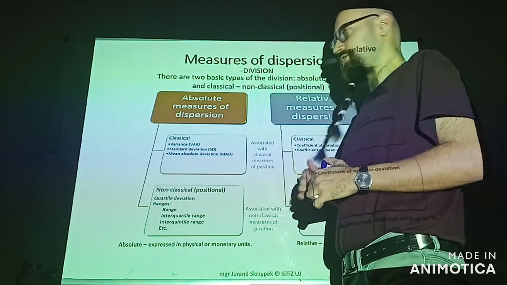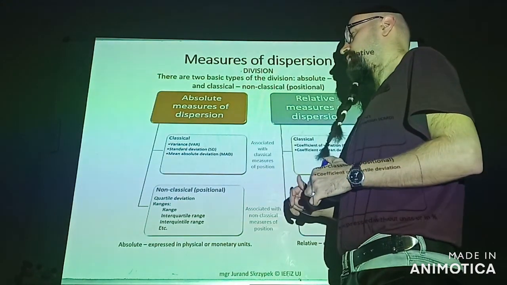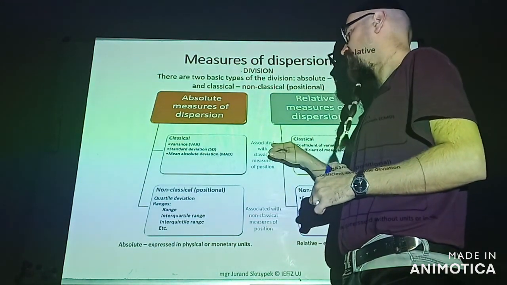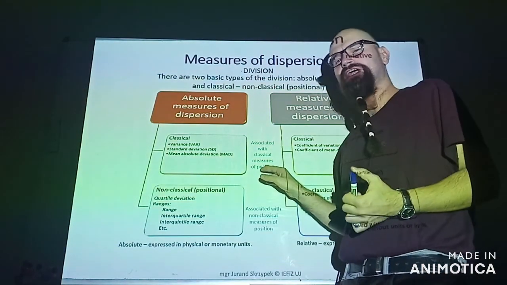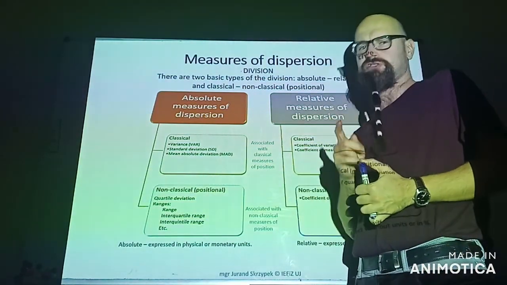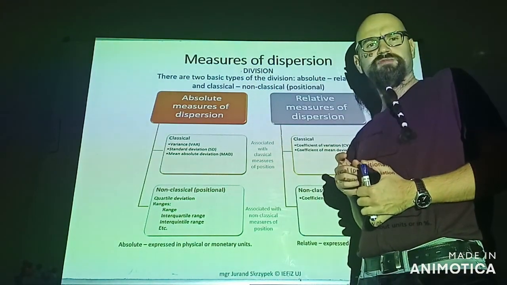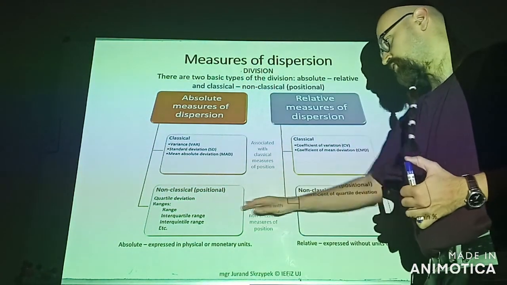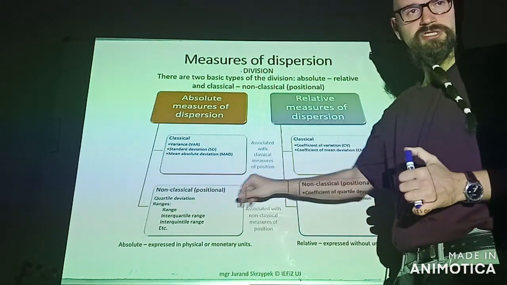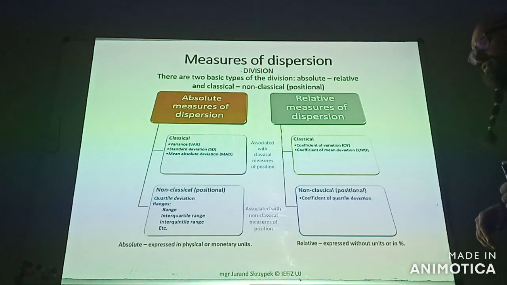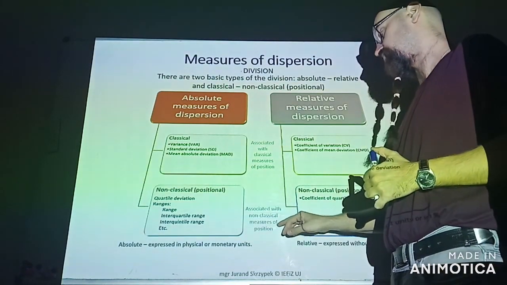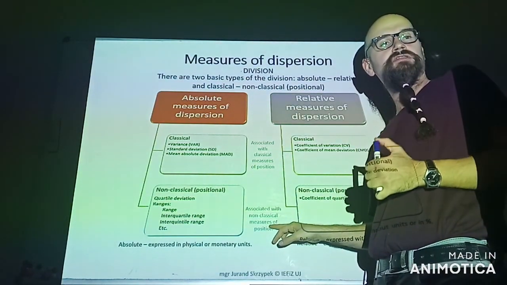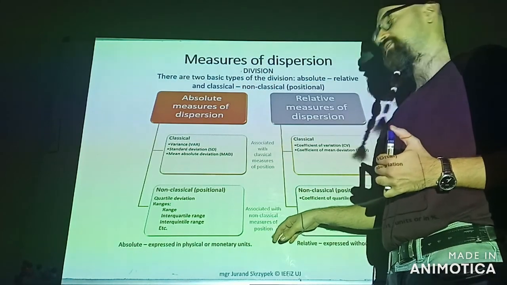In the first category, classical measures of dispersion are associated with classical measures of position that we have known before, especially the arithmetic mean. Non-classical or positional measures of dispersion are associated with non-classical measures of position, like median, like quartiles, and so on.